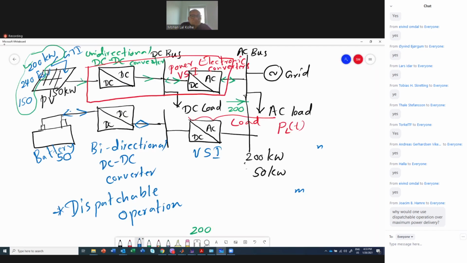Then I'll come to the point that I was supposed to explain a little bit later. As control, what we have to do is control the switching of these power electronic converters. That's what we have as primary control.